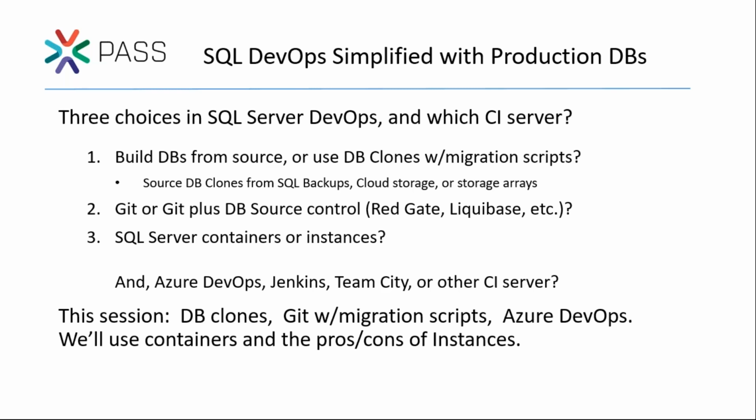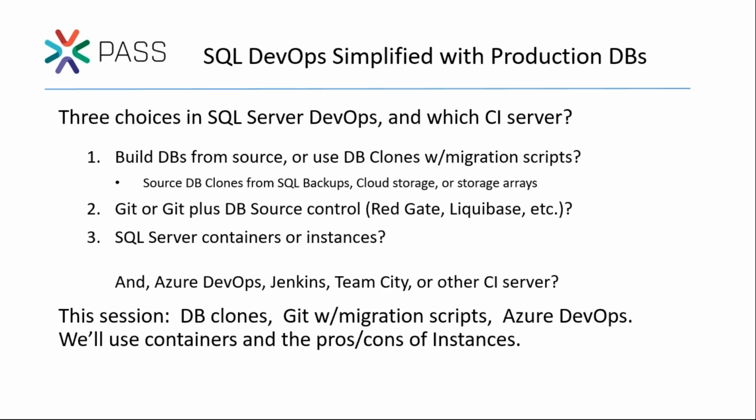We're going to focus in this session on just the use of Git, but you can also use additional products like Redgate source control, Liquibase, and others that work with Git and provide a richer feature set: the ability to do schema compare and to generate state-based scripts to move to production.